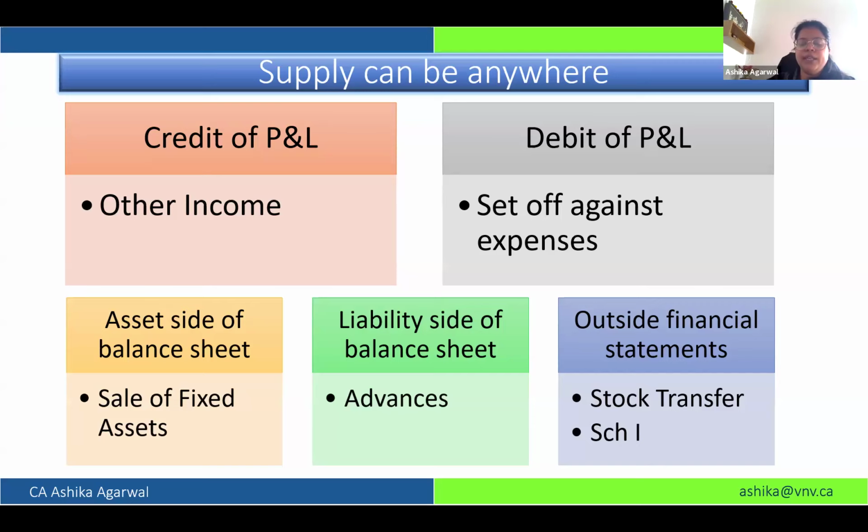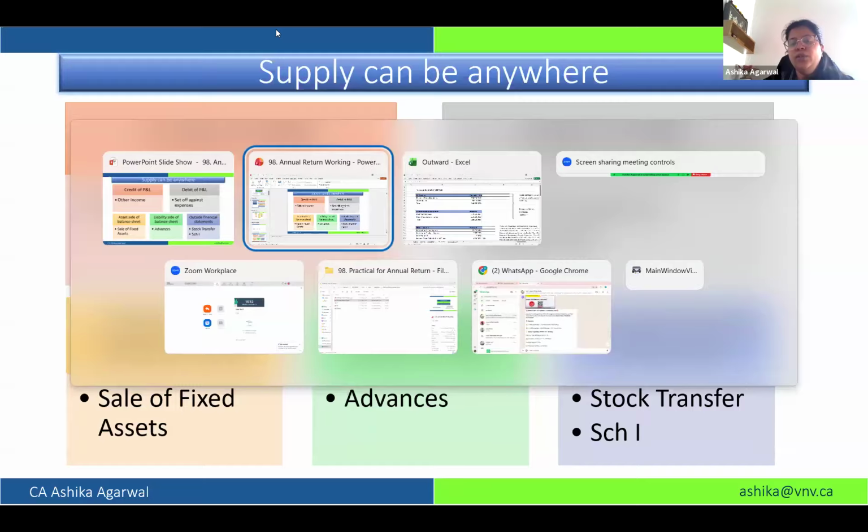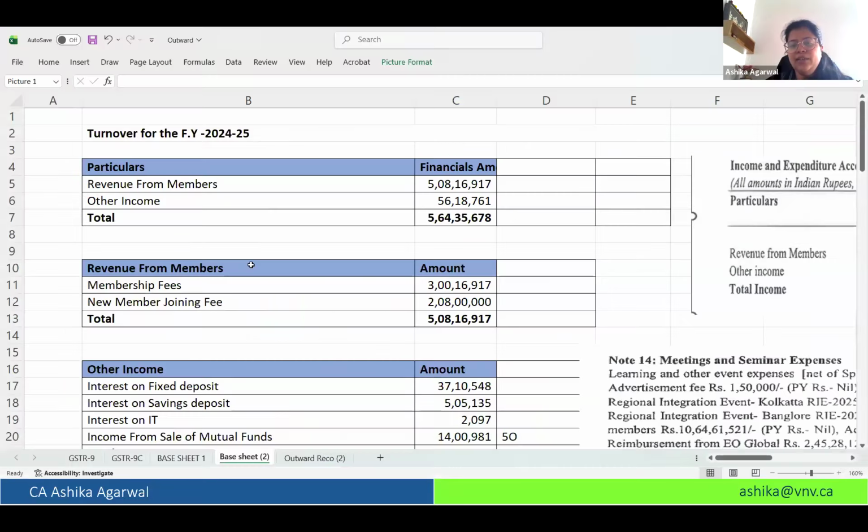What we are trying to explain is don't wholly and solely rely on the audited financial PL. Go and read the full balance sheet properly, because your taxability under GST can be hidden in the balance sheet and also outside the balance sheet. So you need to check and verify carefully.